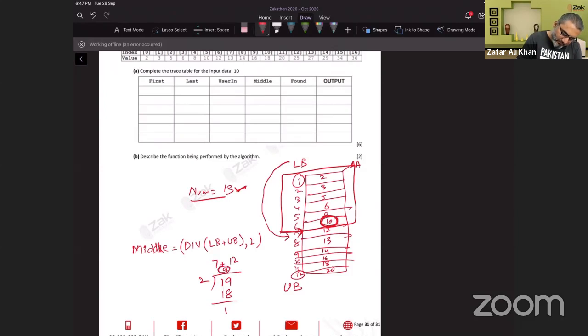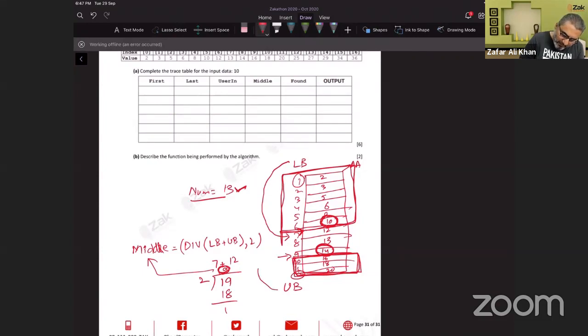Now your div gives you a middle which is 9. So you go to 9. Now check what the value is. That is 14. 14 is greater than 13. So all the values after the 14 are now ignored. First, this was ignored. Now this part is ignored.